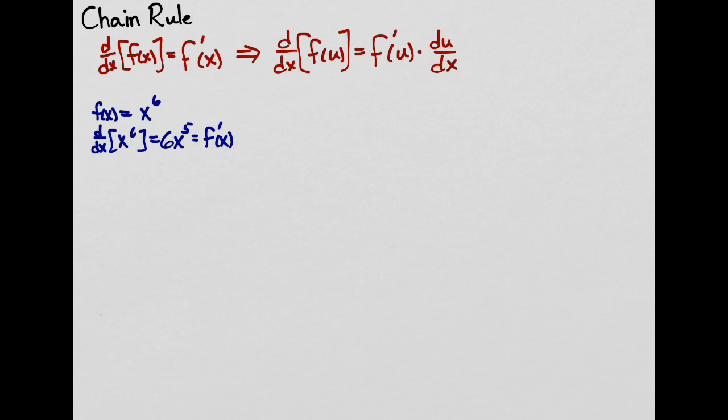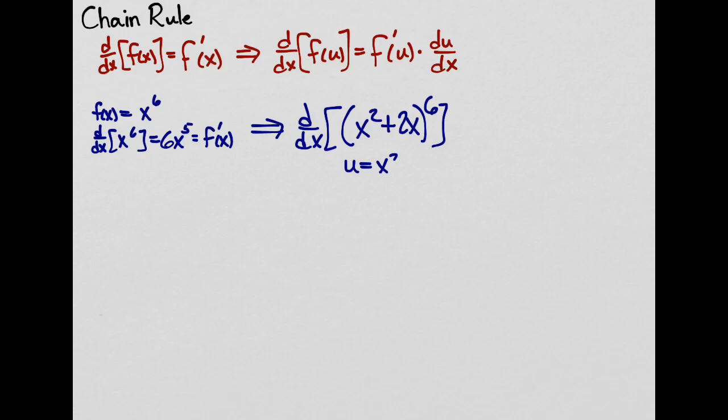So now that I have my derivative function, the chain rule allows me to take derivatives of things a little more complicated, like I could put a quadratic inside of the sixth power. And so here my expression that goes in the function is x squared plus 2x.